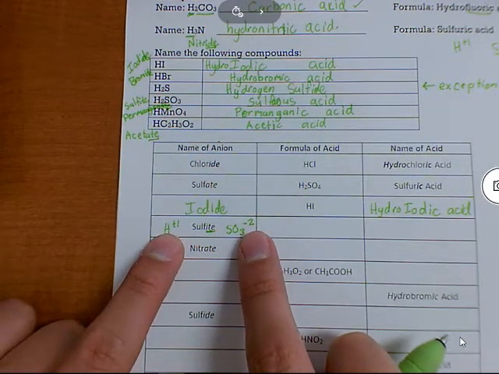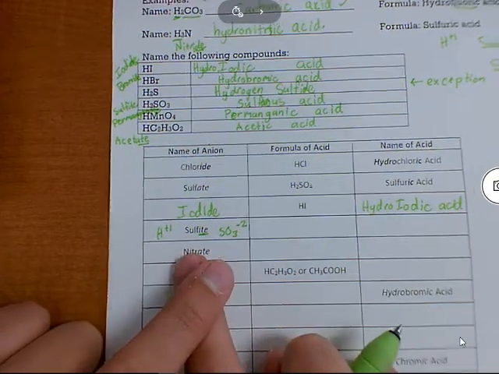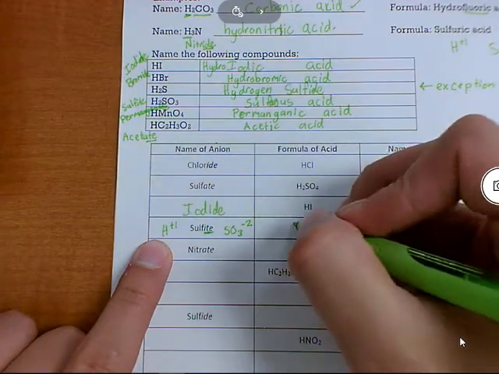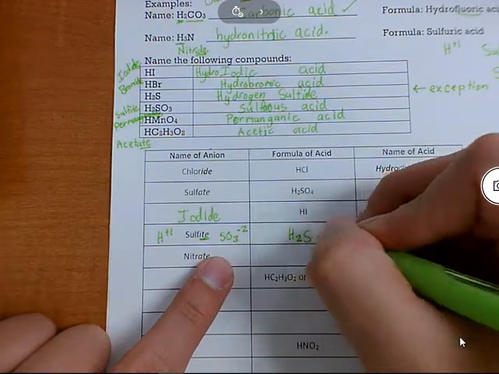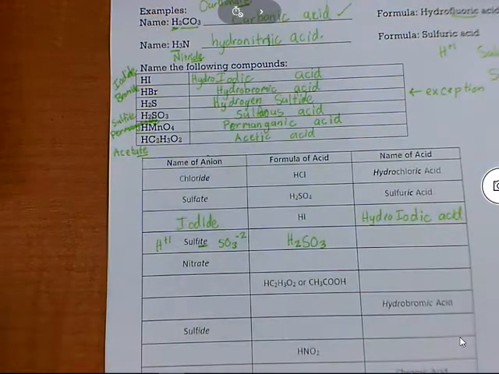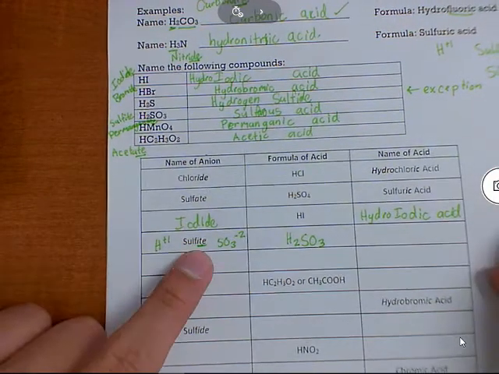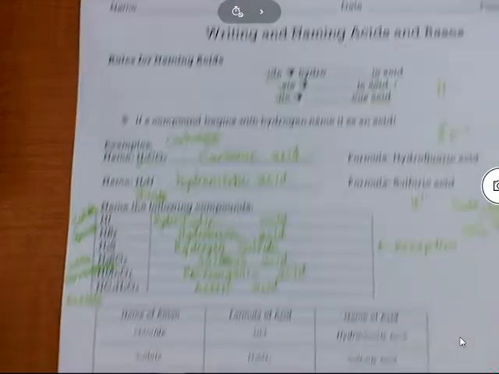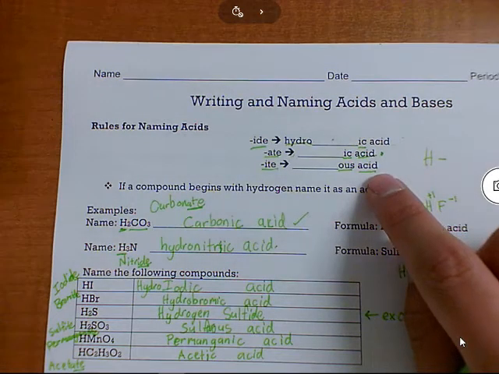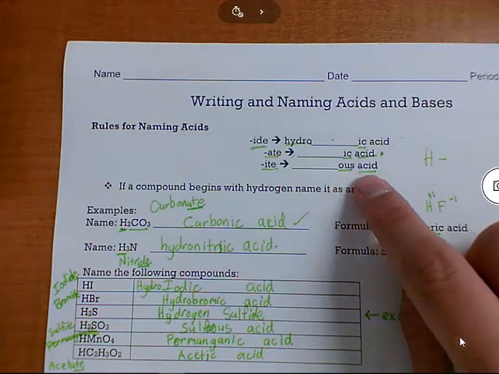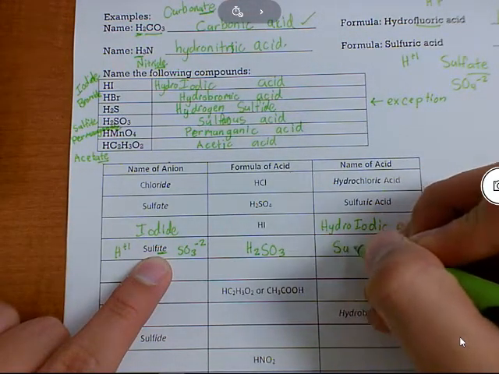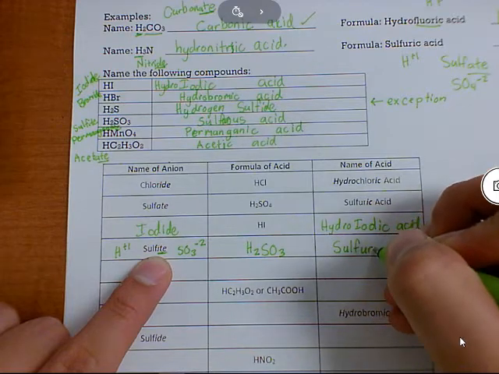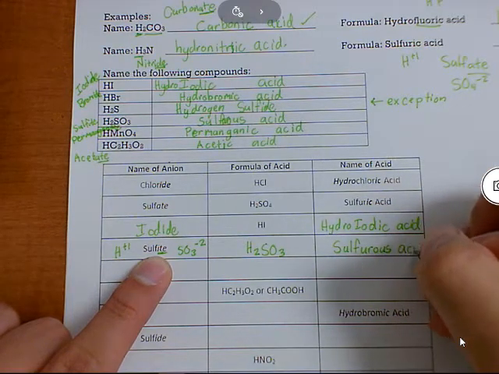I'm going to cross those charges. So I'm going to have 2 H's and 1 SO3. And there goes my formula. Since it ends in ITE, it's going to follow rule number 3, which is change the ending to OUS acid. This would be a good one to redo. So sulfurous acid.